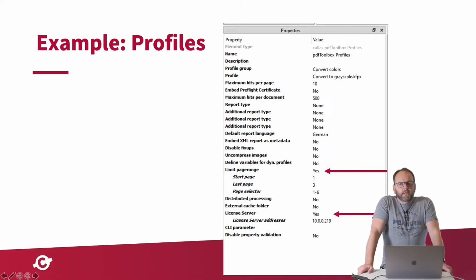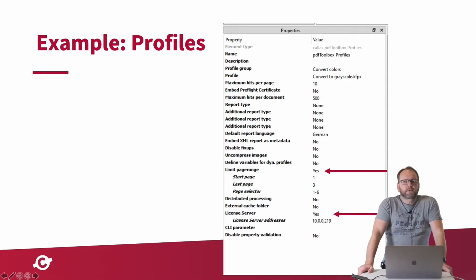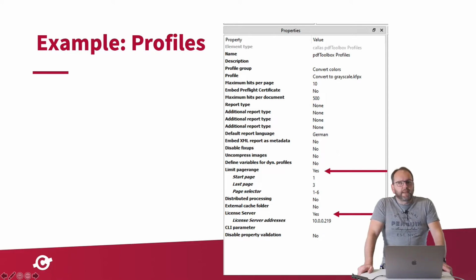This is an example of the profiles configurator and the properties that you have in that profiles configurator. And there you will see one thing that I will not further talk about, which is the limit page range section, which was already there, but that now can also use page selectors.